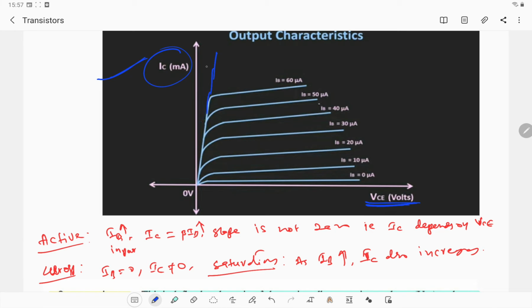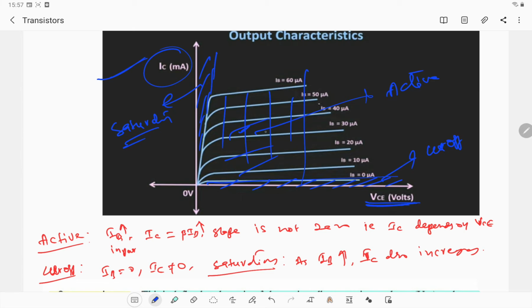This is one region, this is another region, and this one is another region. This region is the active region, this region is the cutoff region, and this region is the saturation region.